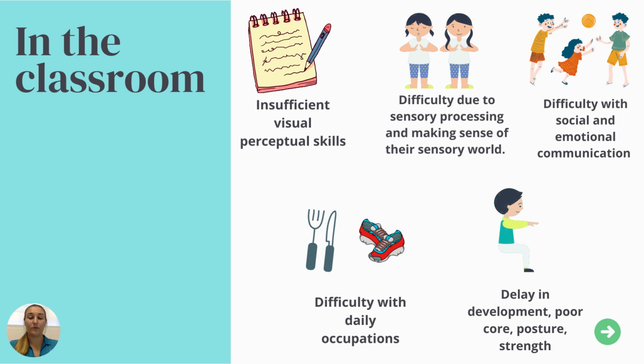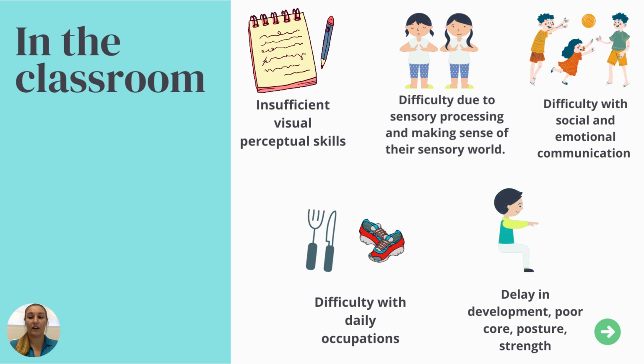So, skills that are age appropriate that they have not mastered yet, such as tying shoelaces, using utensils, having difficulty due to sensory processing and making sense of their sensory world, and showing delay in development, so insufficient gross motor or fine motor skills, and battling to maintain their balance or posture at school, showing poor writing and cutting skills, insufficient visual perception skills such as learning to read or write and having trouble with that. Also insufficient concentration skills, or they battle with attention problems.